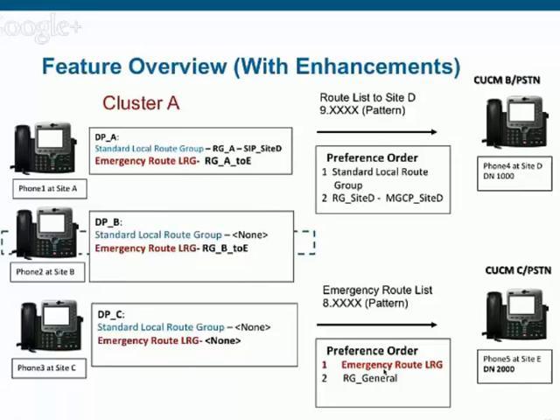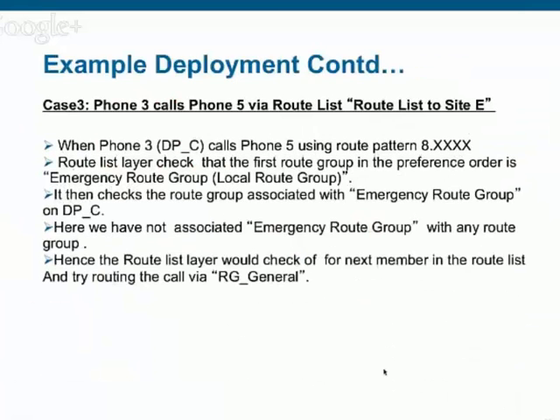All that hasn't changed. We have just enhanced the feature. We have provided more local route groups as compared to what we had earlier. So that saves a lot of time and also makes the system easy to maintain and operate.